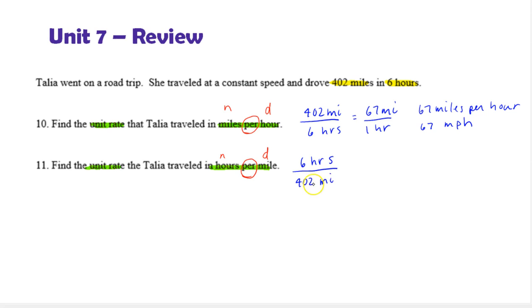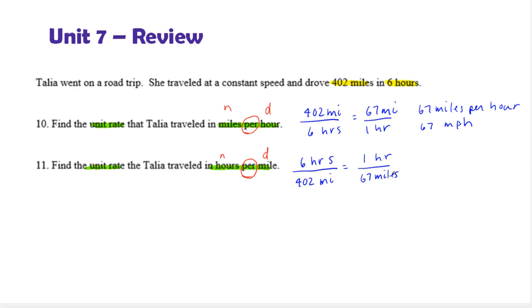Before we were going to write this as a decimal, but I also want to write this as a fraction, and this is going to seem a little bit odd. So with the unit rate, our goal is to get the denominator to equal 1. But I know from the previous problem that I could write this as 1 hour over 67 miles.